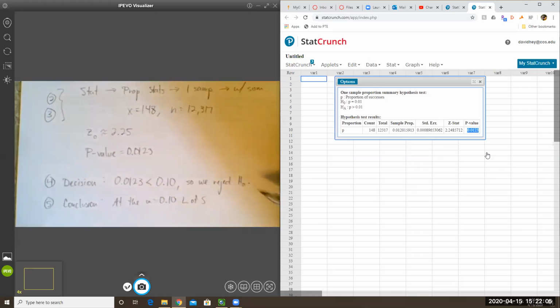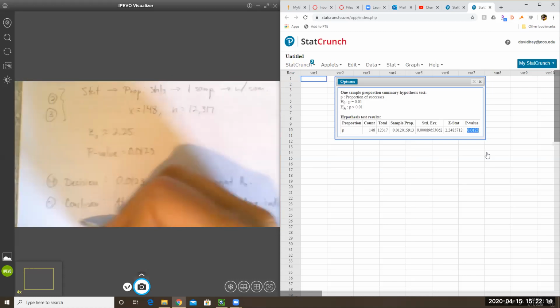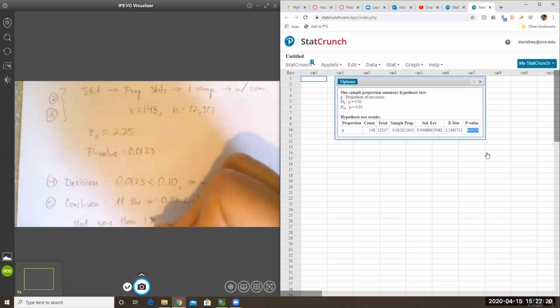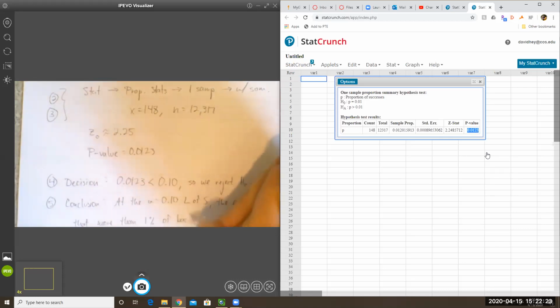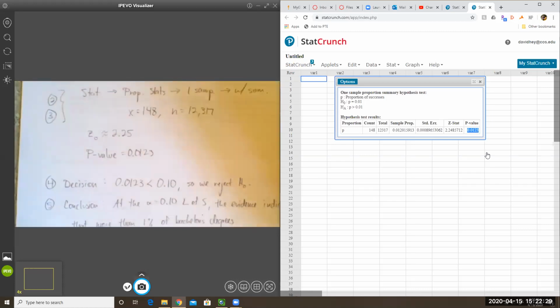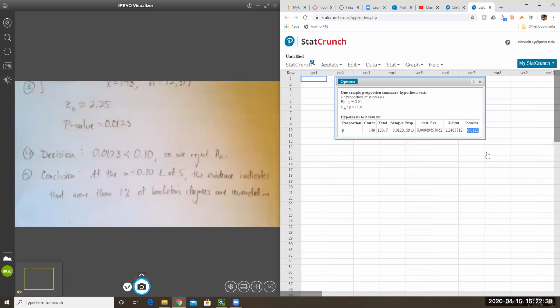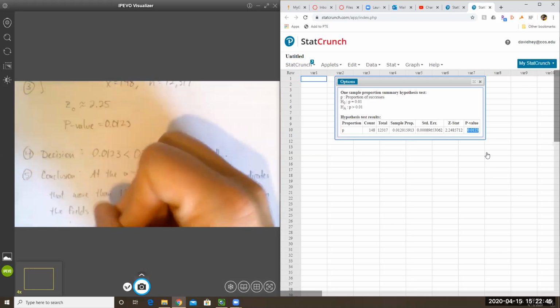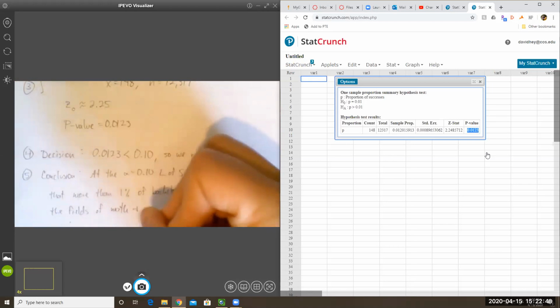So at the alpha equals 0.10 level of significance, the evidence indicates that more than 1% of bachelor's degrees are awarded in the fields of math and stats.